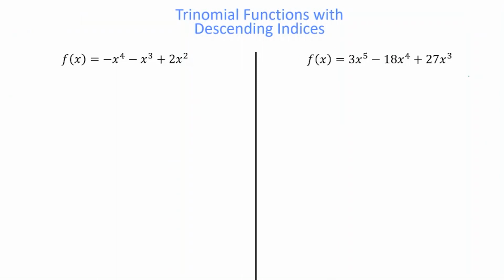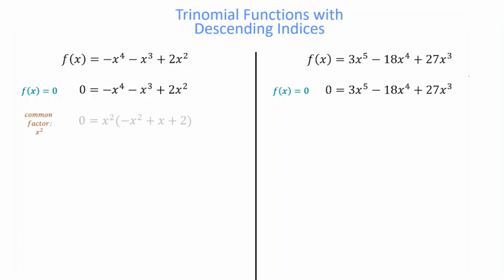So again, let's do an example. So again, f of x equals 0. My c term has x squared, which is the common factor of all of my terms. I can then factorize this out, leaving me with x squared and in brackets minus x squared plus x plus 2.